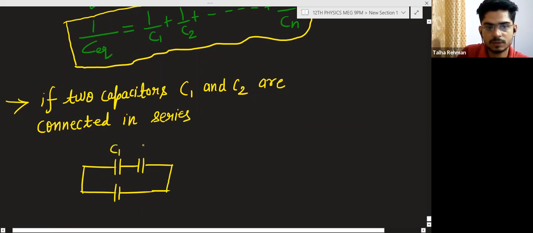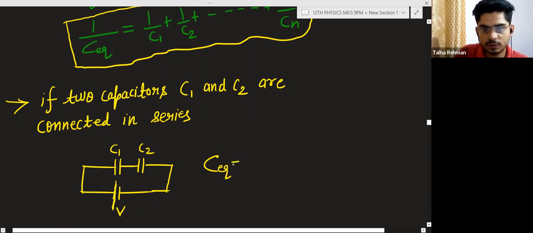This is C1, this is C2, and this is not a capacitor, this is the battery, having the voltage. So here the C equivalent, when you apply this formula, you will get C1 C2 divided by C1 plus C2.